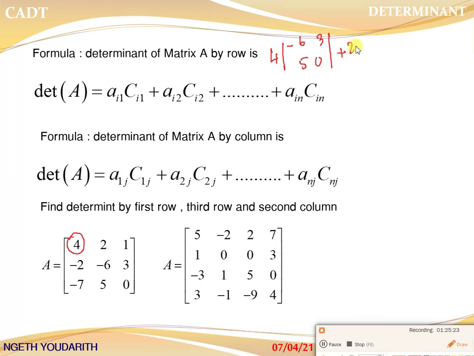Plus 2, minus 2. Minus 2, this one. Minus 2, 3. Minus 7, 0. And plus 1. Minus 2, minus 6. Minus 7 and 5.